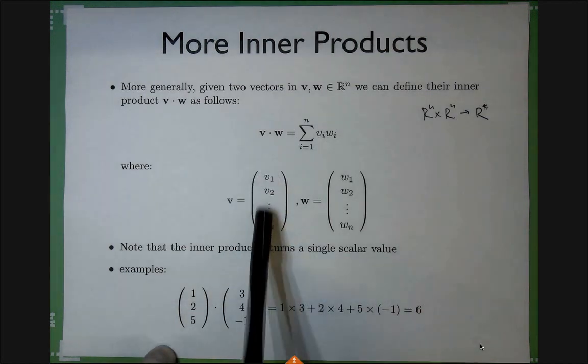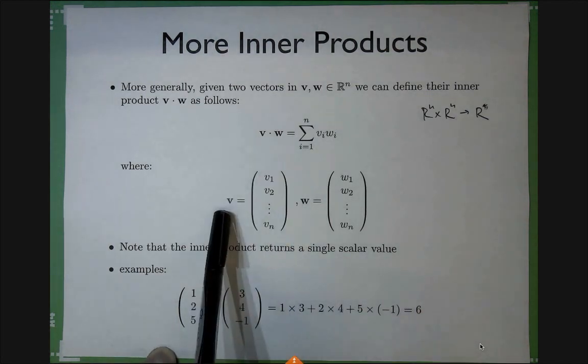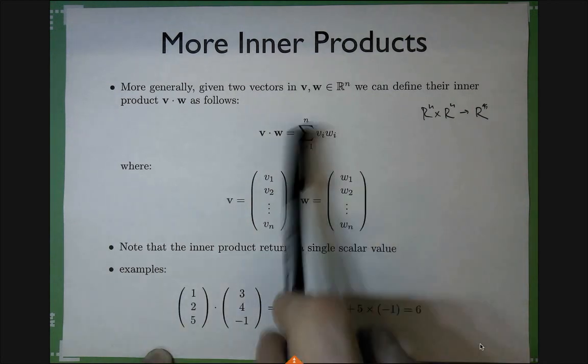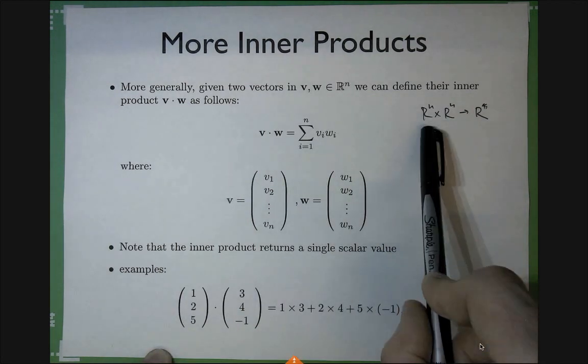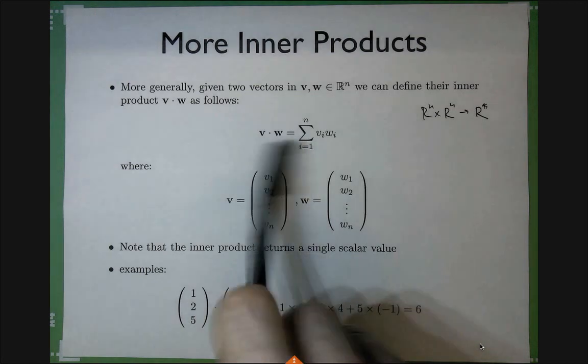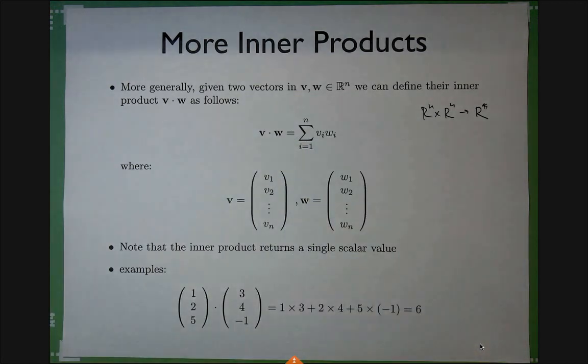And this is just a notation for the individual components of the vector v and vector w. You must have seen this before, I suppose. So in all cases, no matter how many dimensions, no matter how big n is, it returns just a single scalar. And the scalar tells us something about the relationship of the vectors v and w. That's what I will describe in the following. So here is an example of an inner product for two 3D vectors.